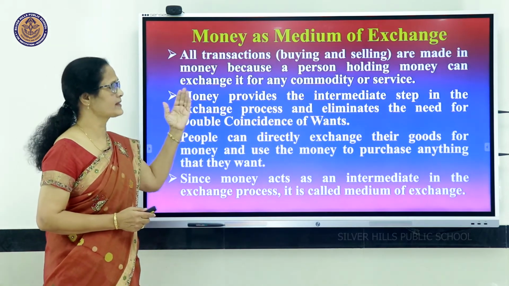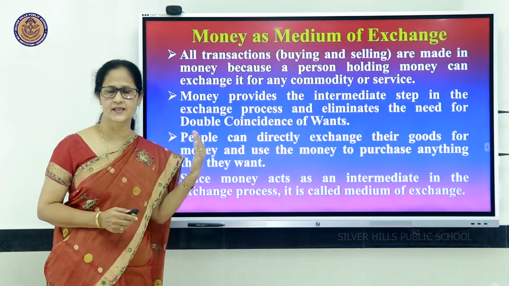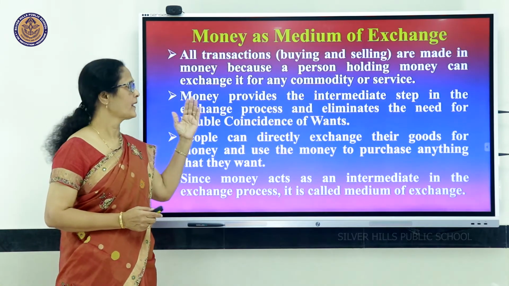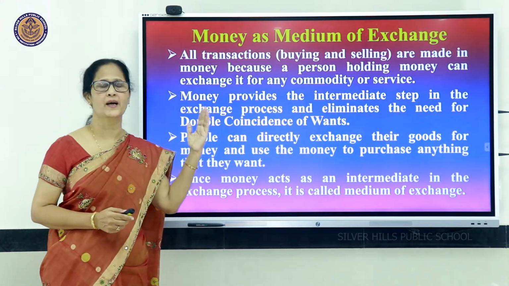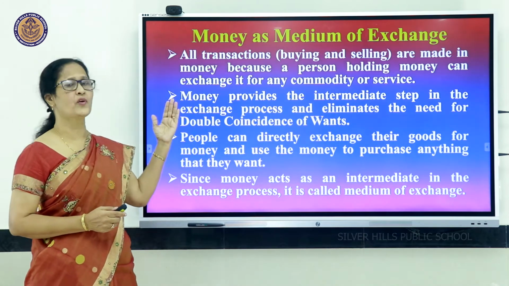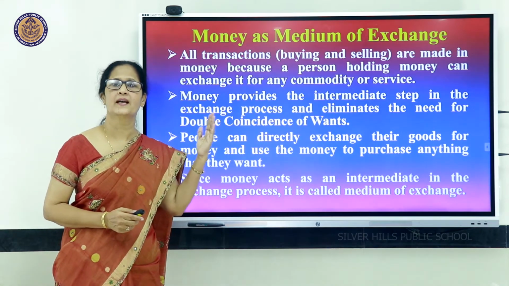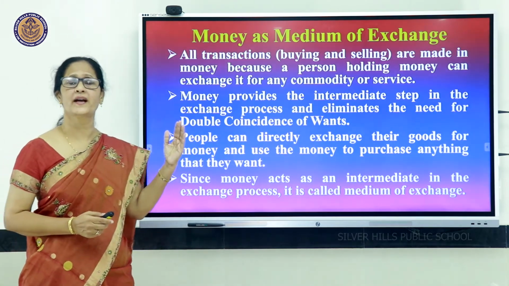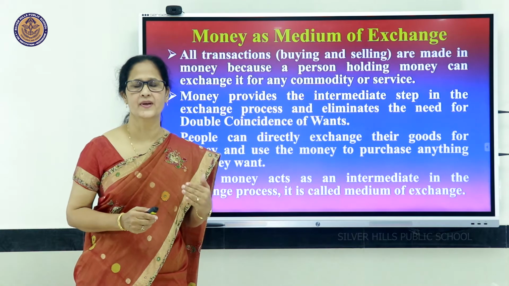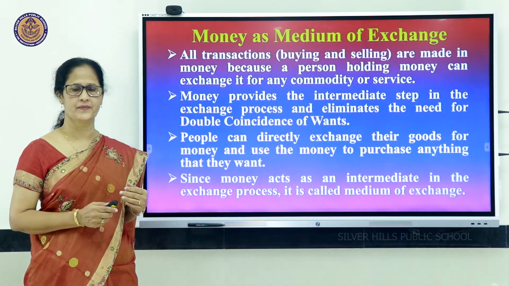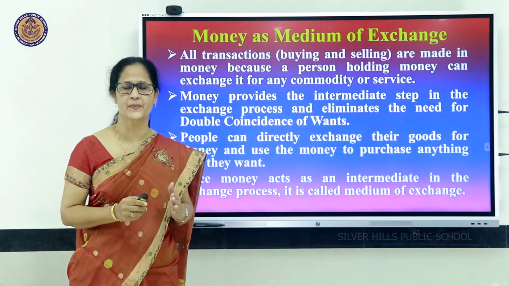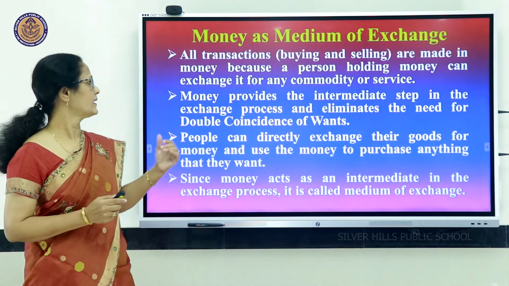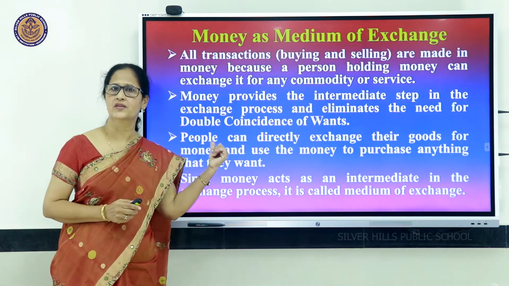Because all transactions or exchanges or buying and selling are made in money, because a person having money can exchange it for any other commodity that he wants. And money provides the intermediate step in the exchange process. Money acts as an intermediate step in the exchange process, and thus it eliminates the need for double coincidence of wants.